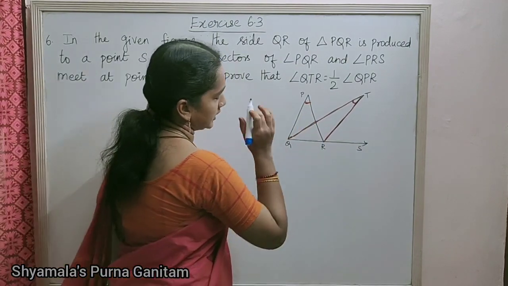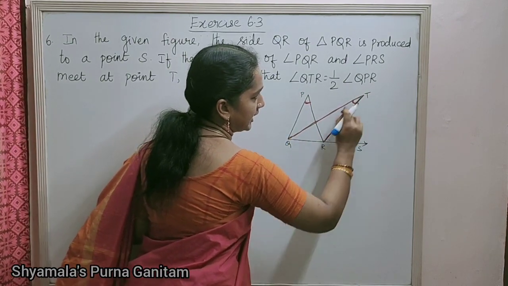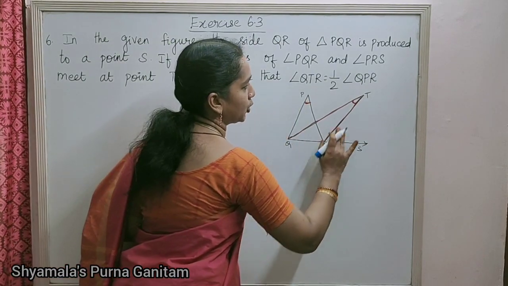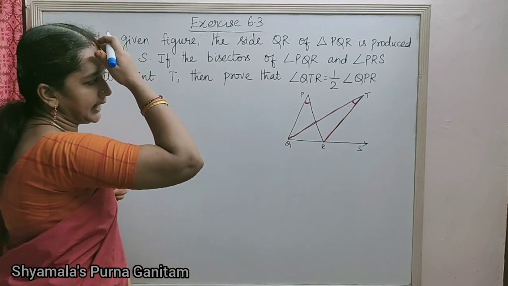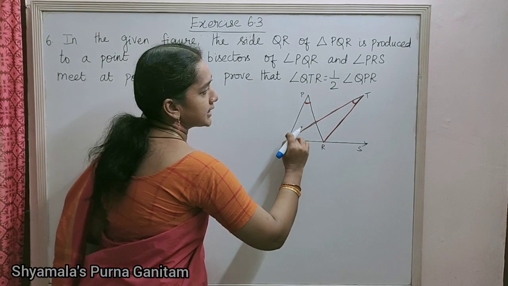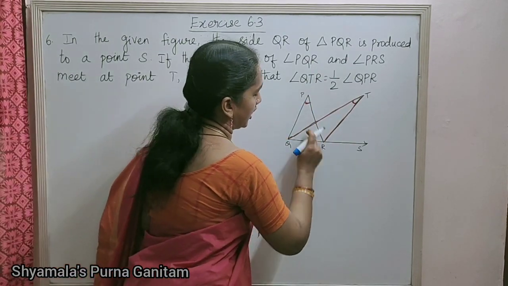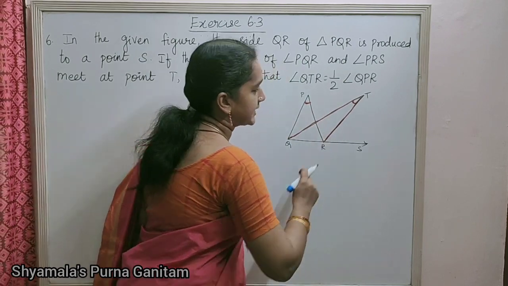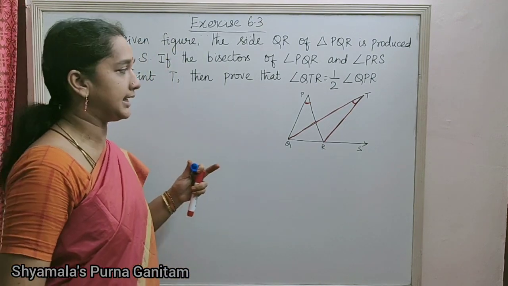The question says QT and RT are the bisectors of angle PQR and angle PRS. If you take angle PQR, QT is its bisector. For triangle PQR, this PRS is the exterior angle.